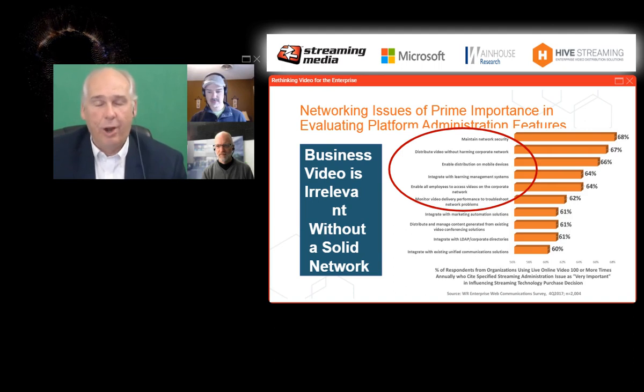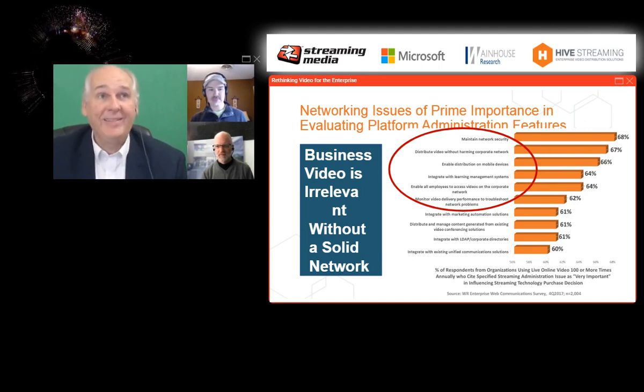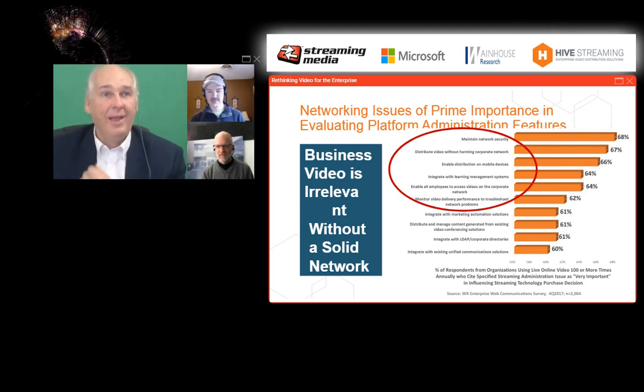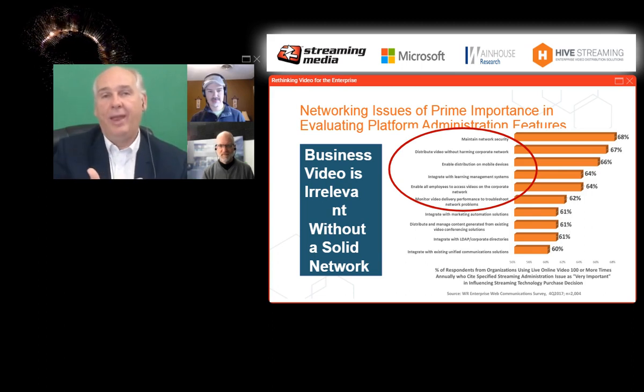Look at the top of this chart. It's security all around, maintaining network security, distribute video without harming the corporate network, enabling distribution on mobile devices. It's all about, JD, it's all about getting content from point A to point B.